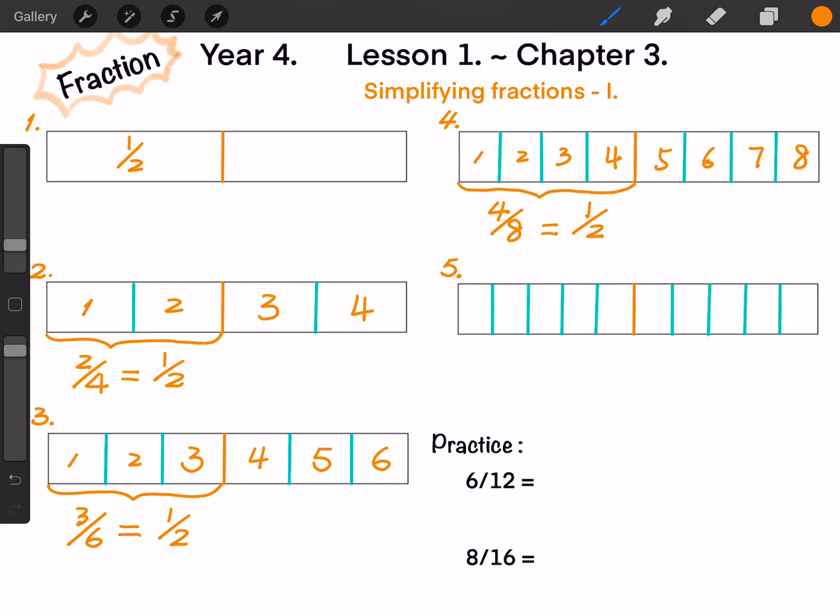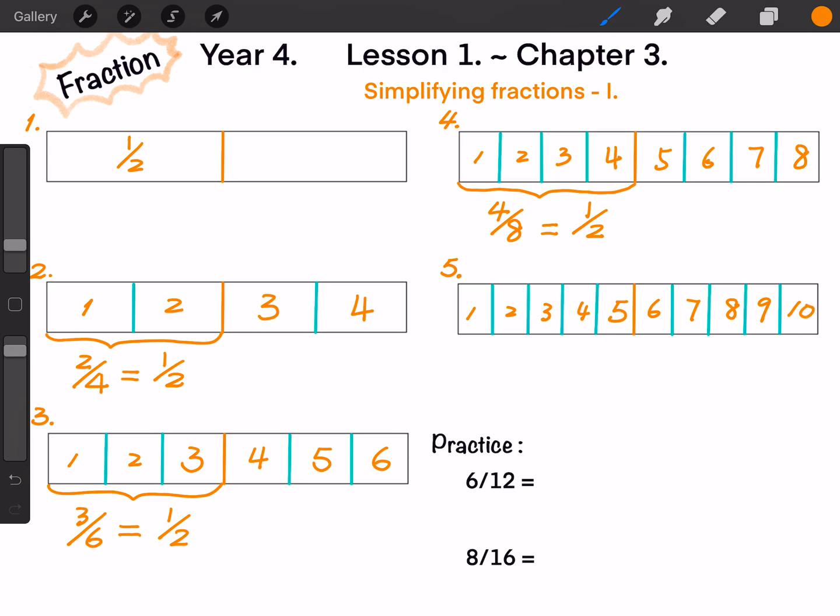The fifth rectangle. As always, the orange line divides the whole rectangle into 2 equal parts, and 4 blue lines divide the left part into 5 equal parts, and then another 4 blue lines divide the right part into another 5 equal parts.